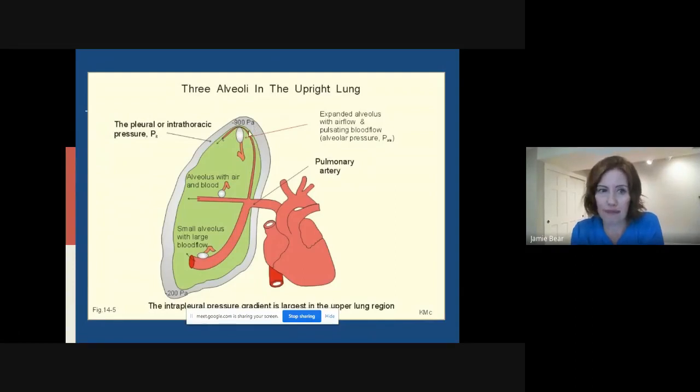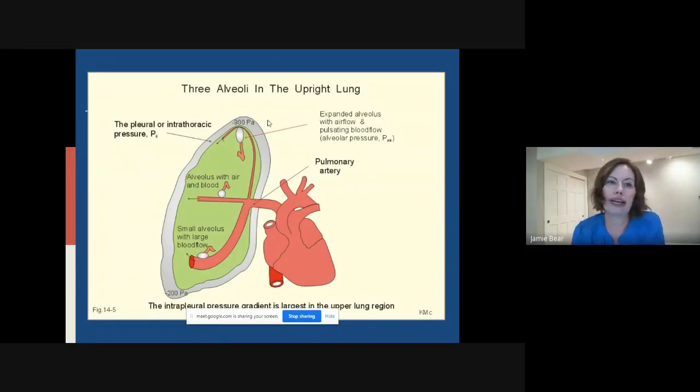As you can see that depicted through this smaller blood vessel here, where at the bottom we have less airflow, so you can see that depicted by a smaller alveolus, but a greater blood vessel here. And then here in the middle, it's perfectly balanced.